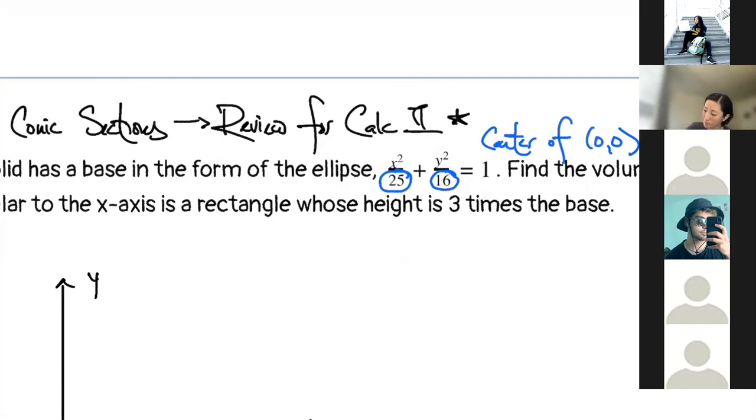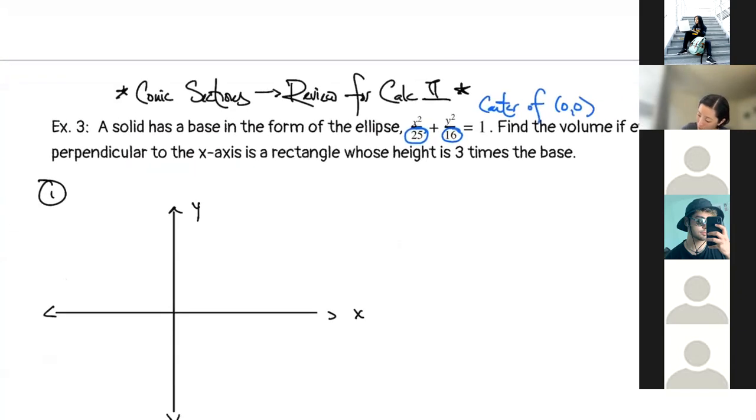Okay. All right, so let's sketch a diagram of this. We've got 5 units to the left, 5 units to the right, 4 units up, 4 units down.